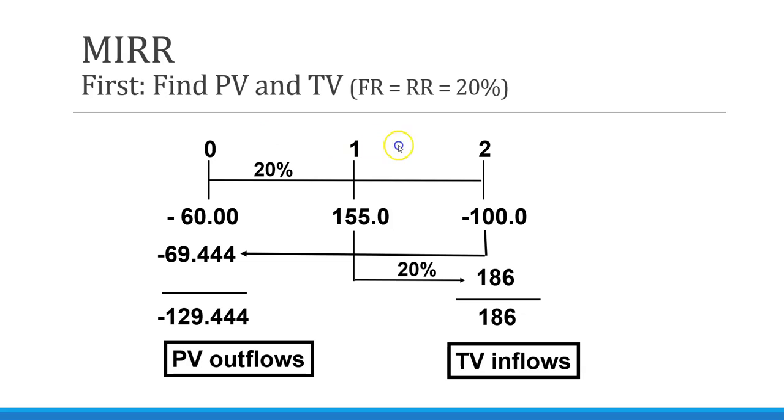If we're looking at using mathematical formulas, we have this timeline here where we have a 20% required rate of return. We look for the future value of inflows. I like that there's a typo in this slide. The future value of the inflows and the present value of the outflows.